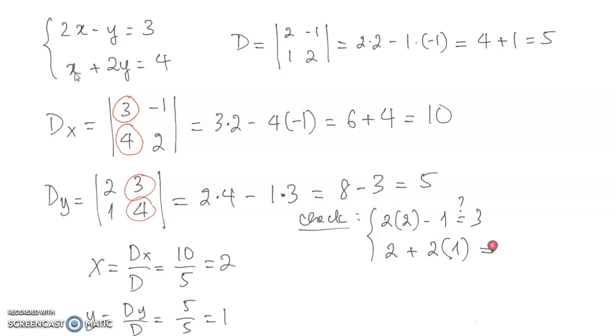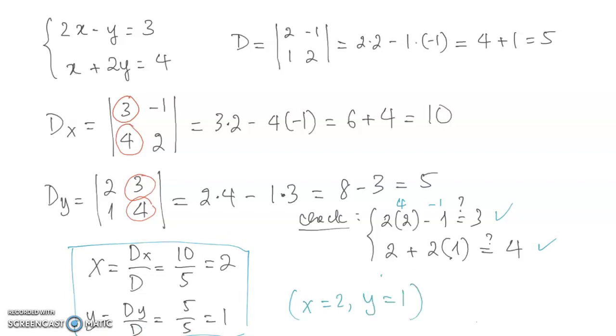Is it going to be equal to 4? So here I have 4 minus 1. Yes. This is 2 plus 2, 4. Exactly. So I can say that this is my answer here. So the answer is x equal to 2, y equal to 1 for this system. Okay.